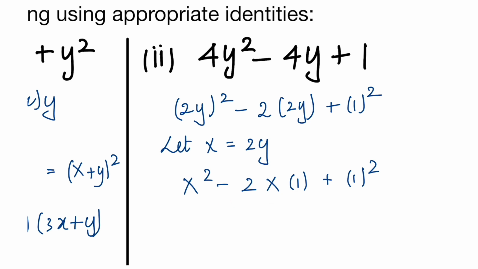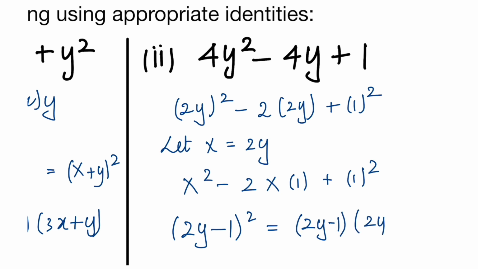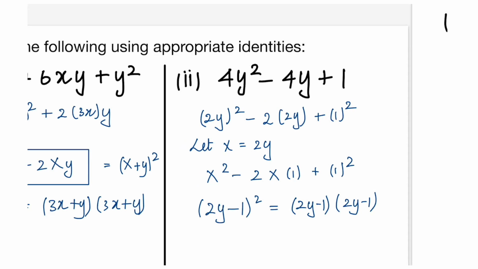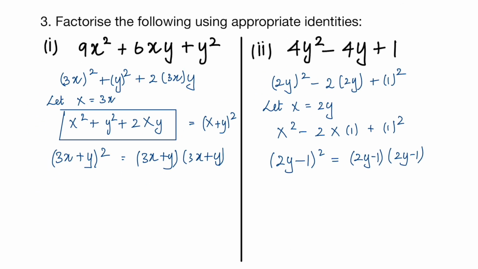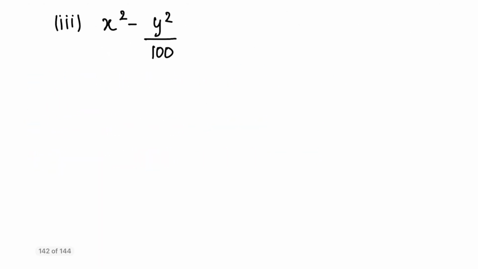So in this case, X is 2y, so 2y minus 1 the whole square, and that can be written as 2y minus 1 into 2y minus 1. So this is the factorized form. So we have used the x plus y the whole square identity in the first subdivision and the x minus y the whole square identity in the second subdivision.